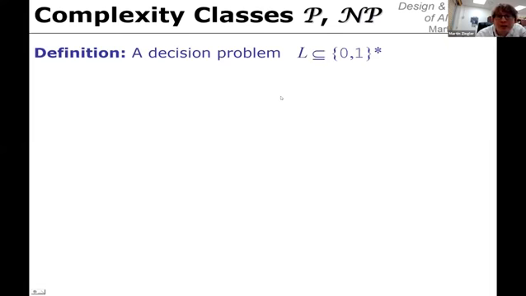Okay, so we're going to consider decision problems. This is different from the online problems we've considered in the last chapter. In the decision problem, the input is given in advance, as opposed to online problems where the input is revealed gradually.